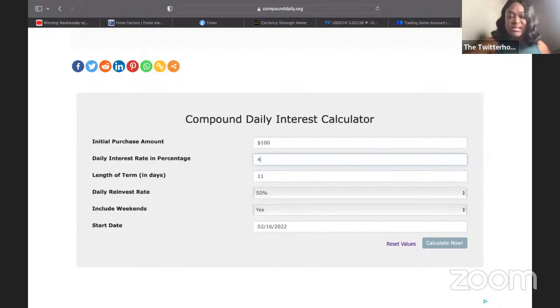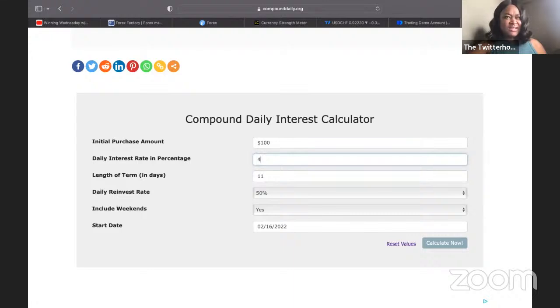So say we were to start today and you decide to grow that by 4%. As a new trader, don't aim for like 10%, 20%. You need to start low. And 4%, yeah, I'm saying start low, but would you be able to grow your money by 4% every day if you put it in a bank account, whether a checking or savings?